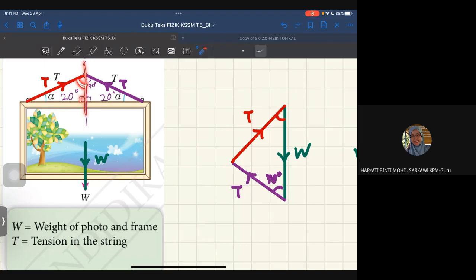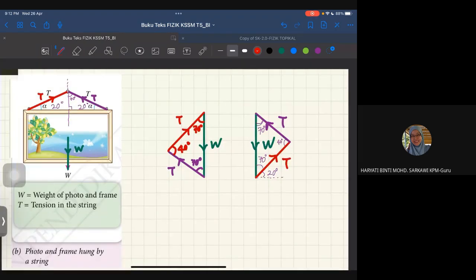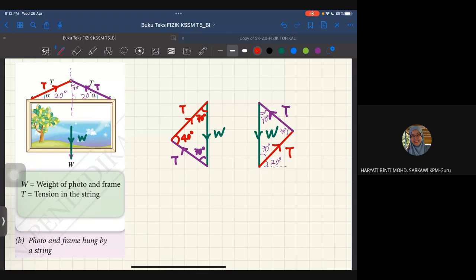So means that here will be 70 also. And then you can calculate using your mathematics lah. So 180 minus 70 minus 70. So the angle here is 40 degree. So means that both diagrams are correct. So if the question asks you to draw triangle of forces for this system, there are two possible answers, both correct.